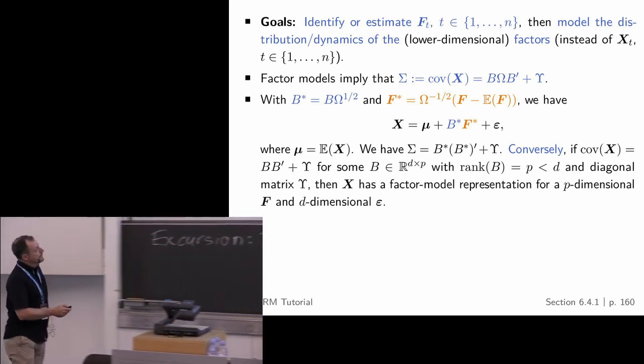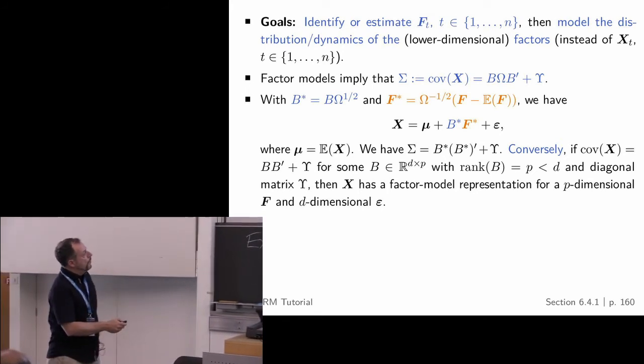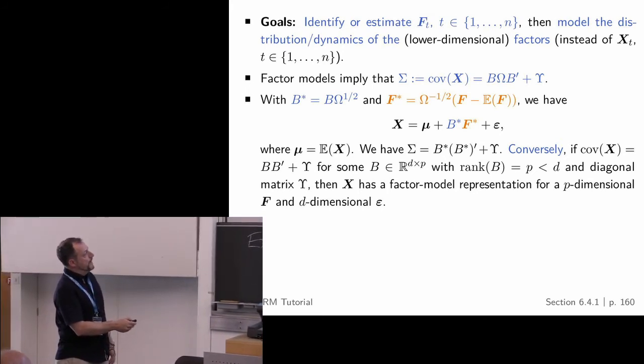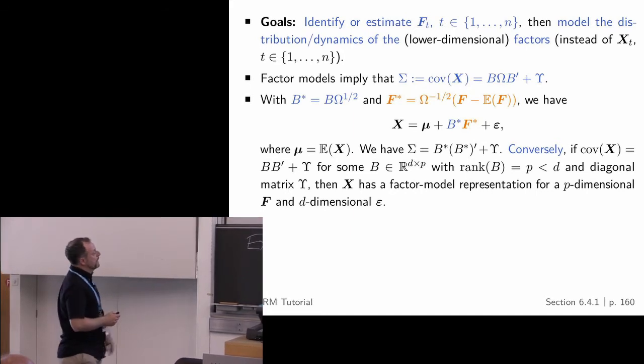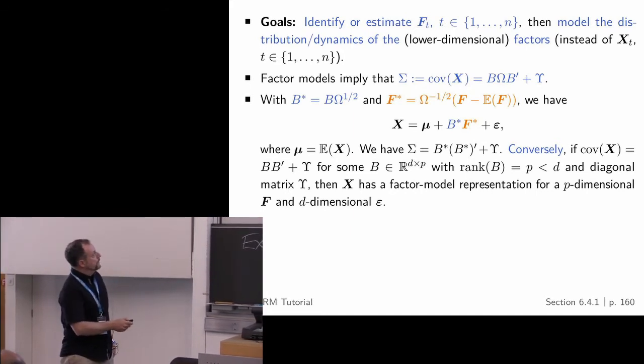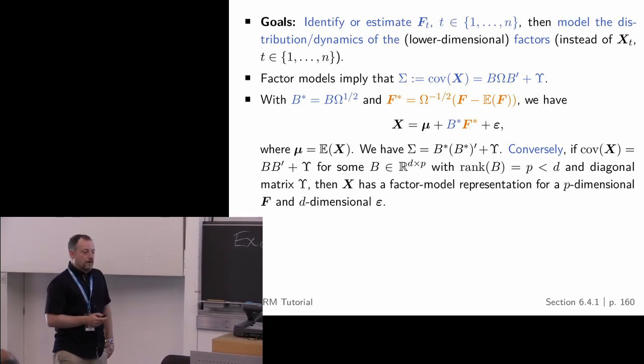The point here is that the covariance matrix of F star is now the identity. So the covariance matrix of X will be given by B star B star transpose plus upsilon. So you can always orthogonalize the factors once you have them. Now, the question is, where are we going to get factors?